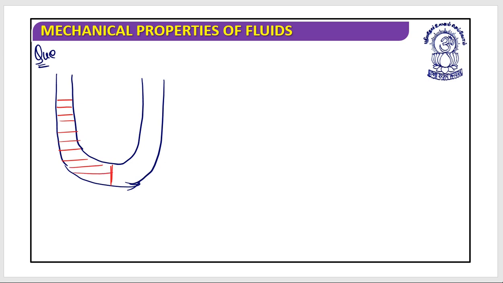Suppose this is one fluid having density rho 1, and this is height h1. And on the other side, it has been filled with a different fluid, having density rho 2, and this is having a height of h2.